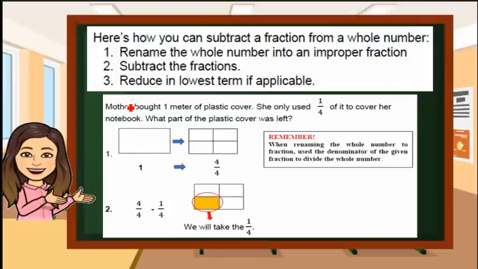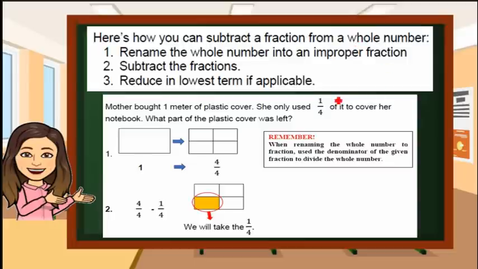So let's take this example. Mother bought 1 meter of plastic cover. She only used 1/4 of it to cover her notebook. What part of the plastic cover was left? Okay, now, this illustration represents 1 meter of plastic cover.